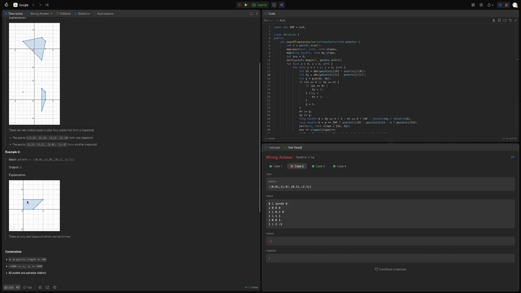Wait, so this with this, no, this with this has 0, and this with this has 0.